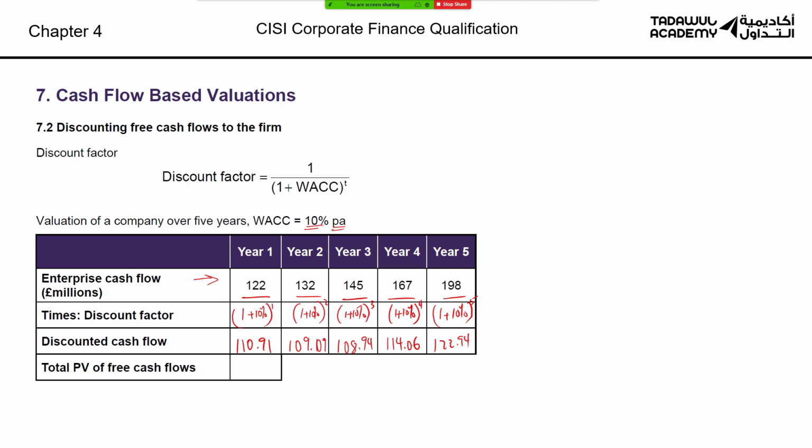So we add them all together to get the present value of the cash flows, 110.91 plus 109.09 plus 108.494 plus 114.06 plus 122.94. This will give us a present value of these cash flows, 565.94 in millions.